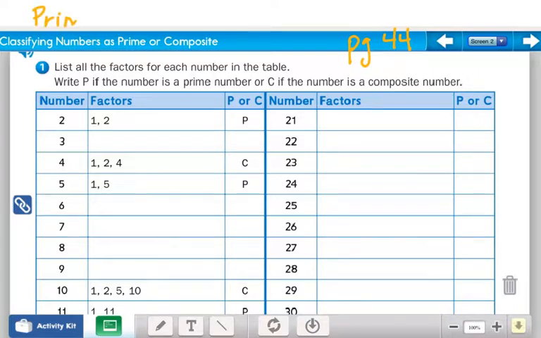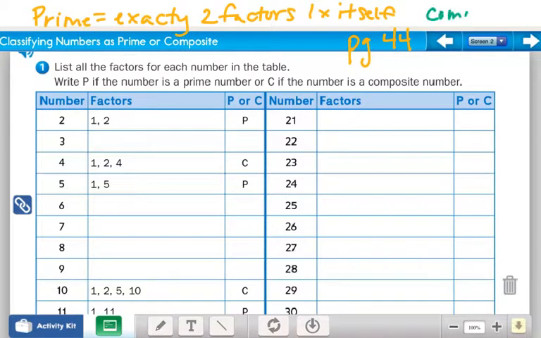Prime has exactly two factors, 1 and itself. So 1 times itself. And composite has more than two factors. So just remember that.